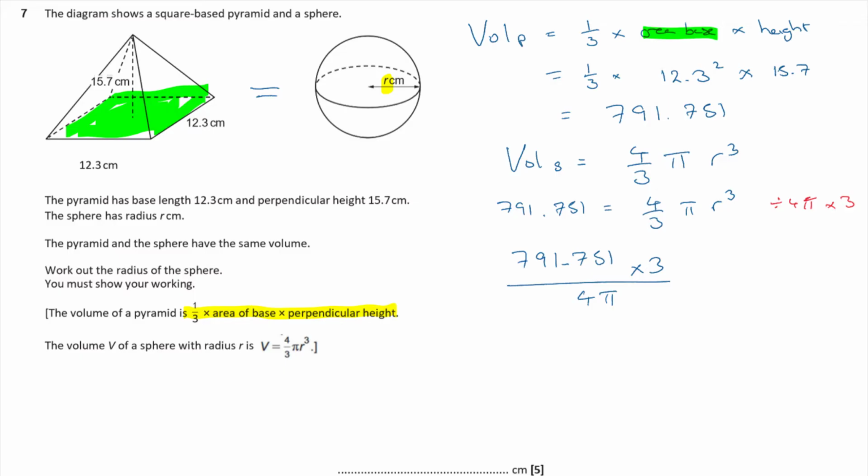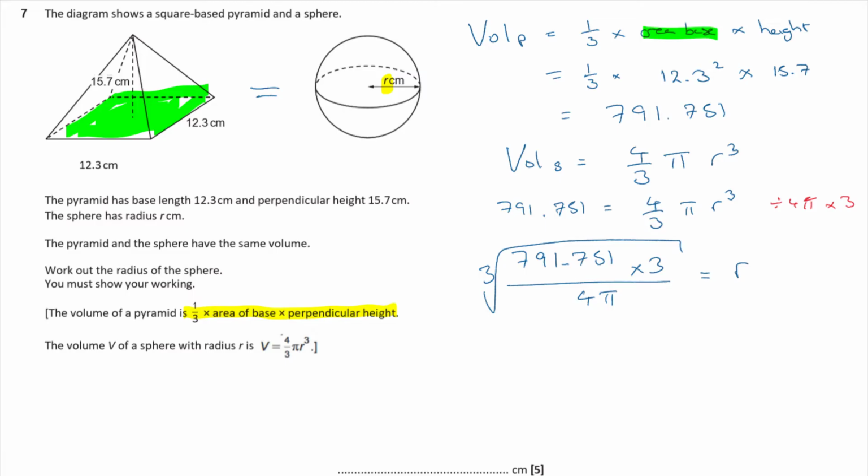So the 3 comes up and the 4 pi goes down, and that is equal to r cubed. Then to find r, we're going to have to cube root that. If I cube root both sides, then r is the cube root of 791.751 times 3 divided by 4 pi, all cube rooted.